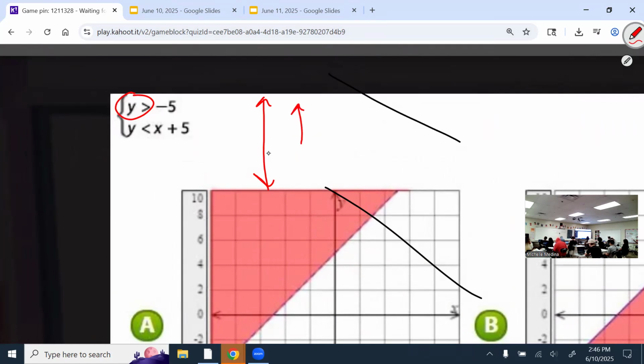When I go up, do the numbers get bigger or smaller? Bigger. When I go down, do the numbers get bigger or smaller? Are you guys listening? Easy question. When I go down on the y-axis, do the numbers get bigger or smaller?